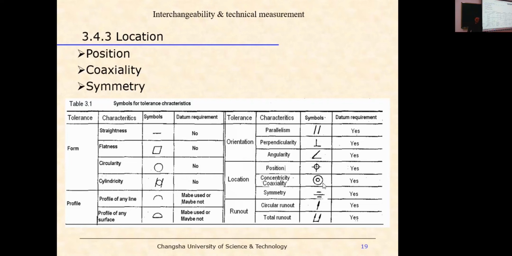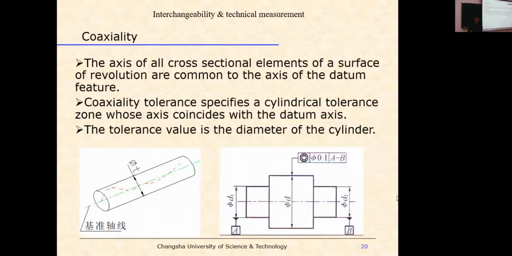So this is coaxiality. The coaxiality: the axes of all cross-section elements of the surface of revolution are common to the axis of the datum feature. Like this one, the coaxiality tolerance specifies a cylindrical tolerance zone whose axis coincides with the datum axis.